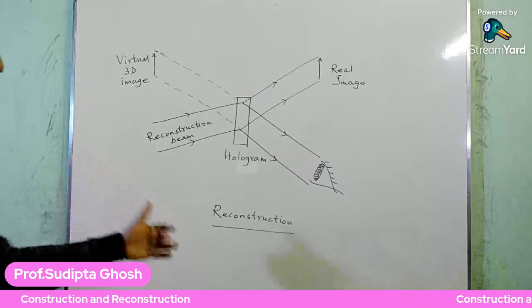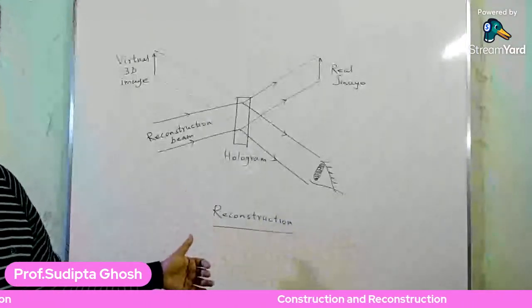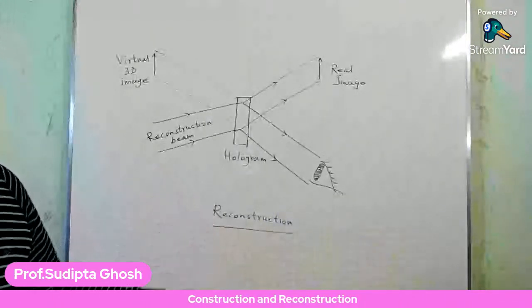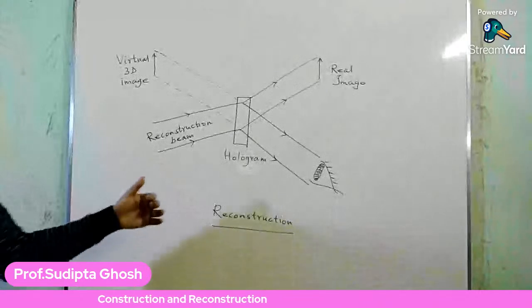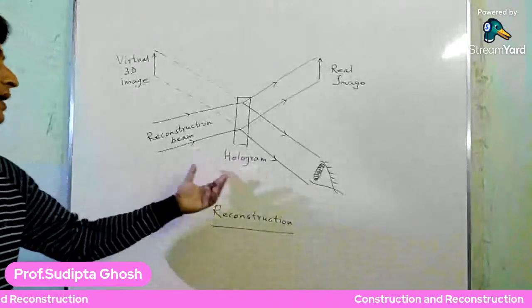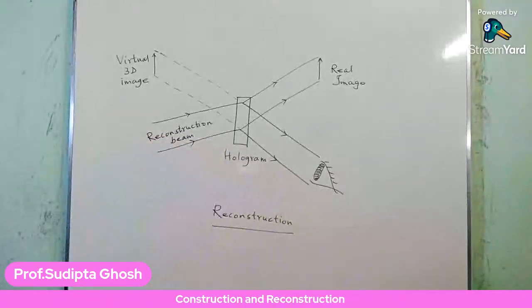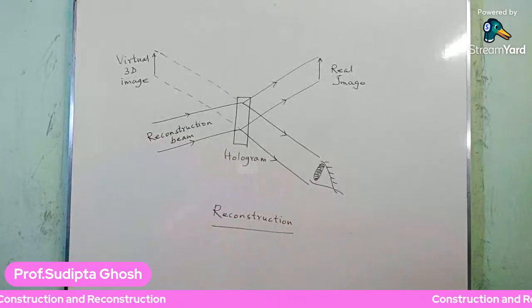While reconstructing the hologram, initially we have to illuminate the hologram by the reconstruction beam, and this reconstruction beam is usually of the same wavelength as the original beam.